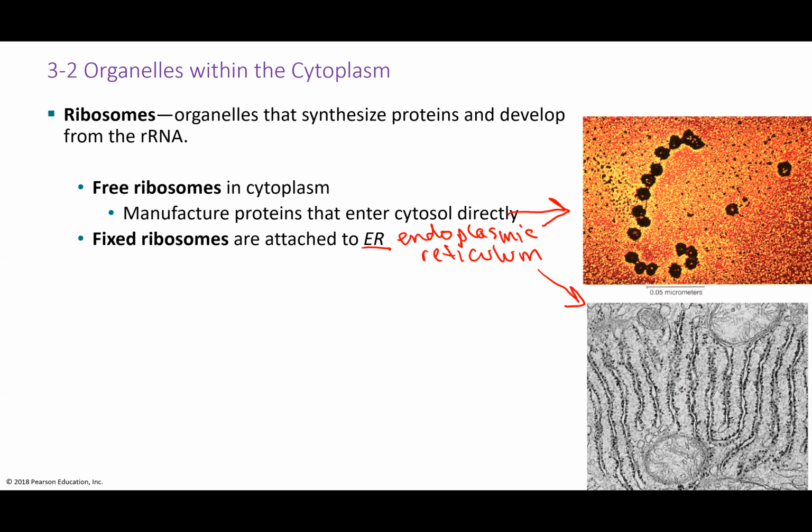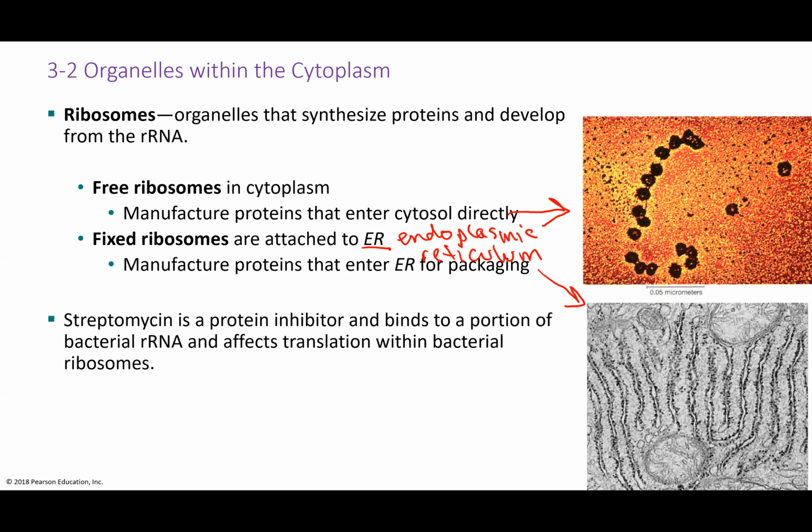Those are the ribosomes. In this example, it's rough endoplasmic reticulum because it literally looks rough with those ribosomes all attached to the outside of the membrane. What happens in the rough endoplasmic reticulum is these proteins are made, and then they enter the endoplasmic reticulum for packaging.